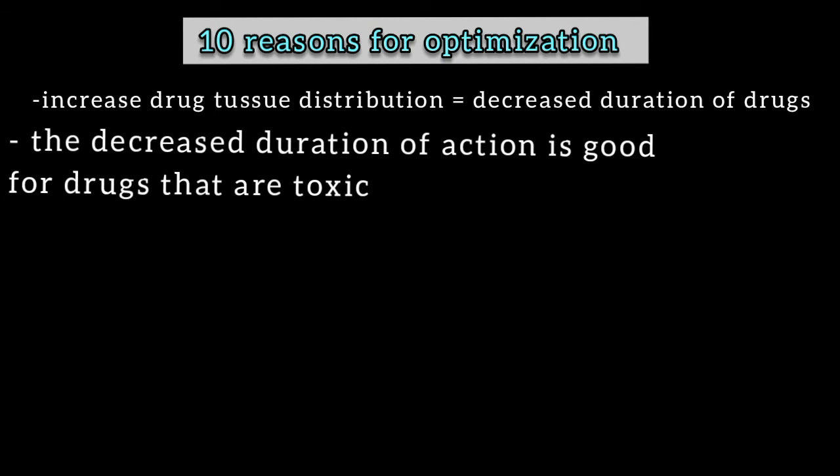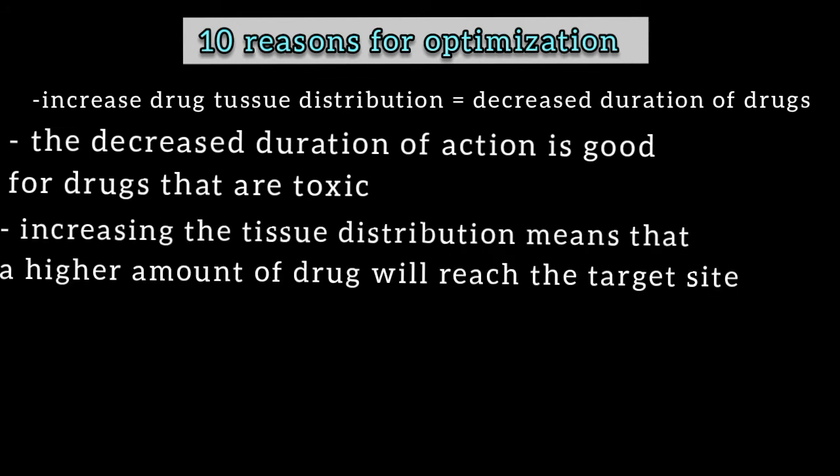The decreased duration of action is good for drugs that are toxic, because if there's a decreased duration of action, it means that the drug spends less time in the body, which means that there's less time for it to have a toxic effect or to show any adverse effect.